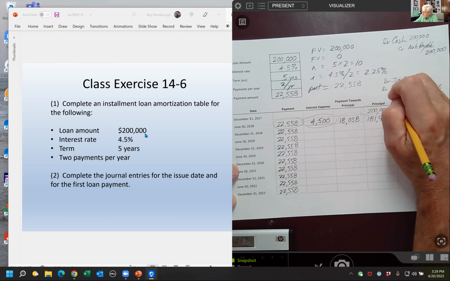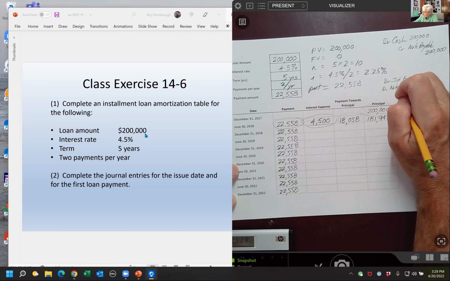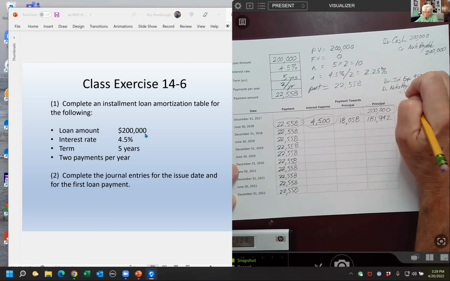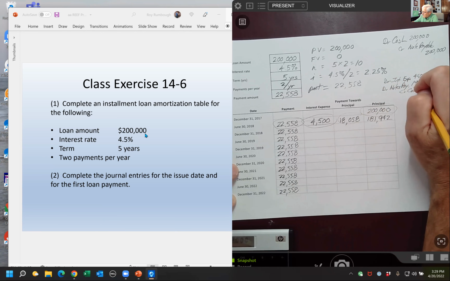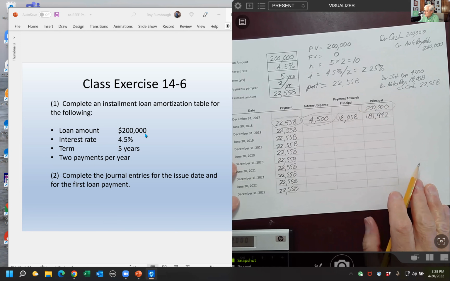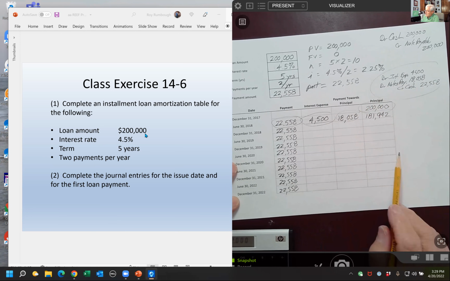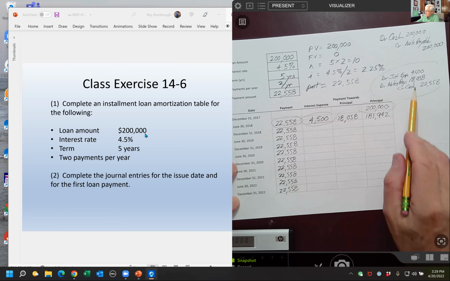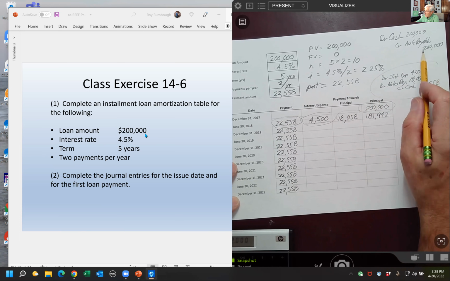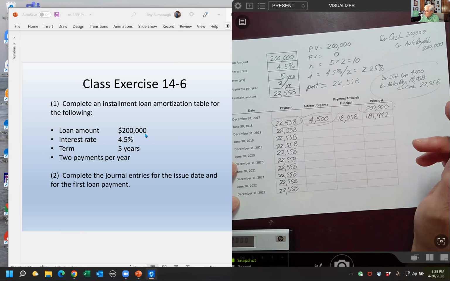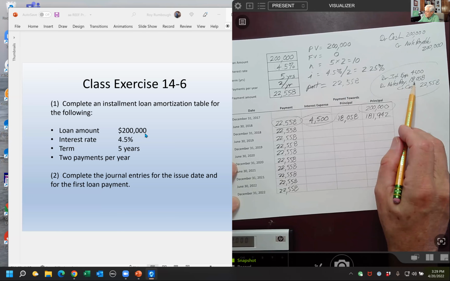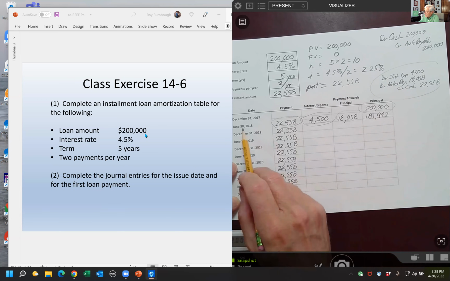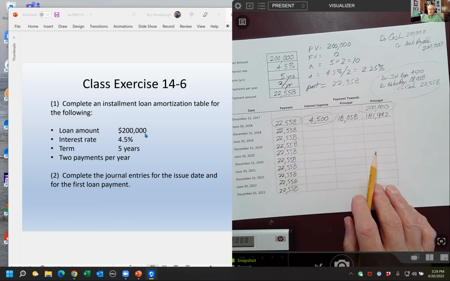And I'm going to debit my notes payable by 18,058. So this is the journal entry that reflects what you see here on this chart. And if we looked at the T account, we'd have a $200,000 credit in notes payable. Now we have a debit of 18,058. The ending balance at June 30th is going to be 181,942.